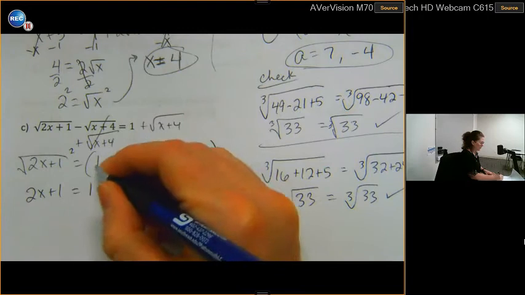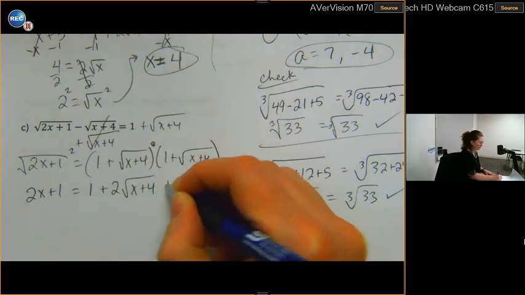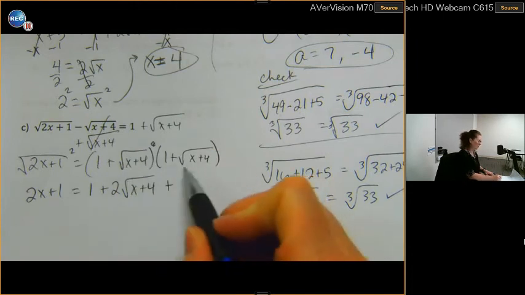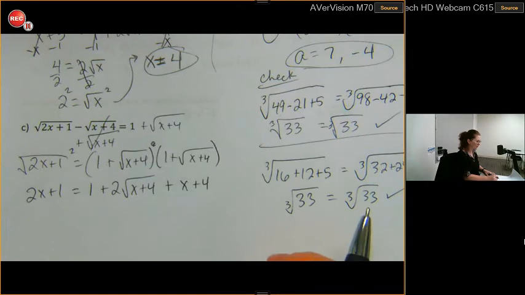Foiling, I get 1 plus 2 square root of x plus 4. And the square root of x plus 4 times the square root of x plus 4 is just x plus 4.